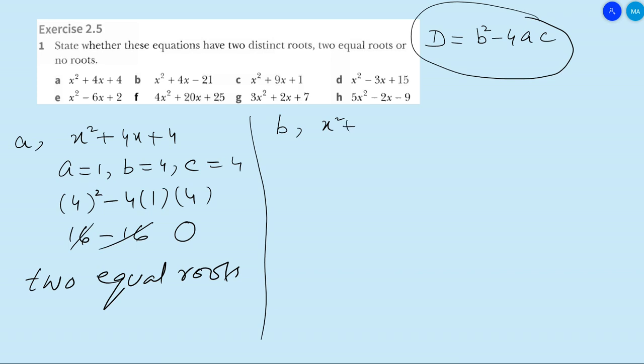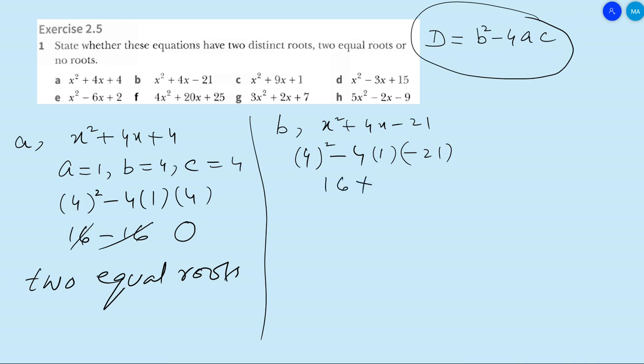x square plus 4x minus 21. Discriminant b square. Here b is 4, minus 4a. a is 1 and c is minus 21. 4 square is 16.